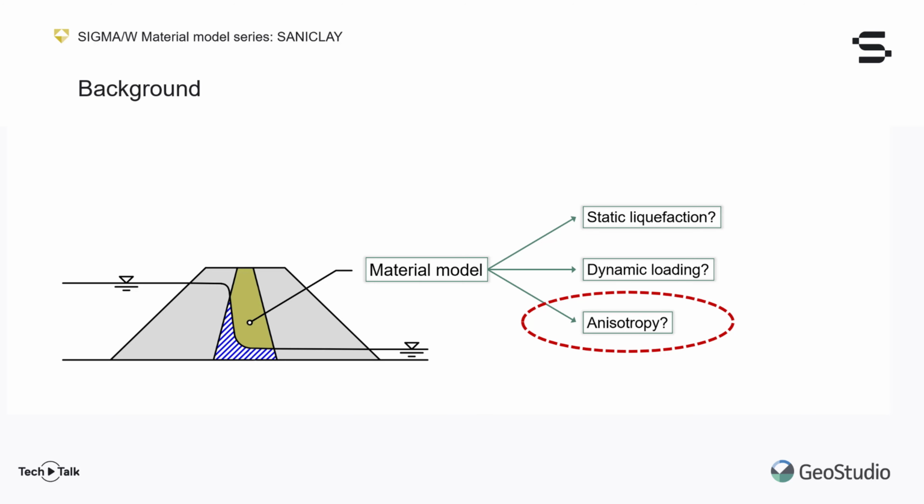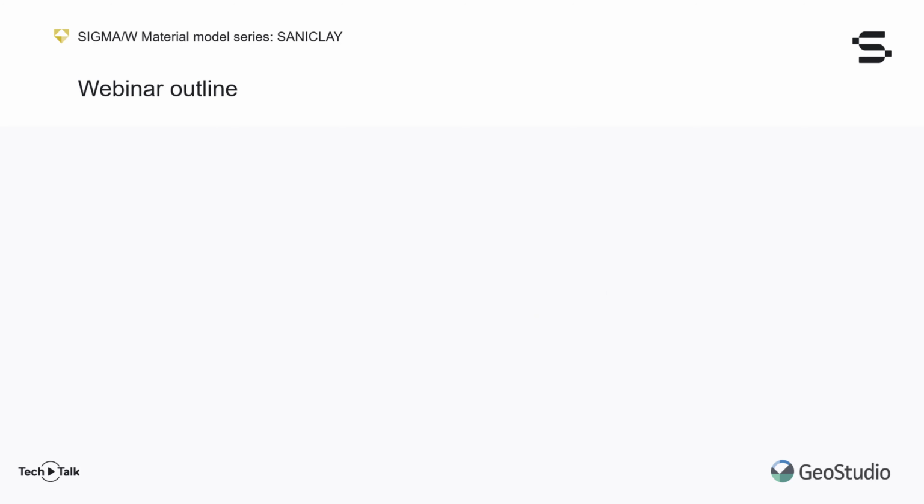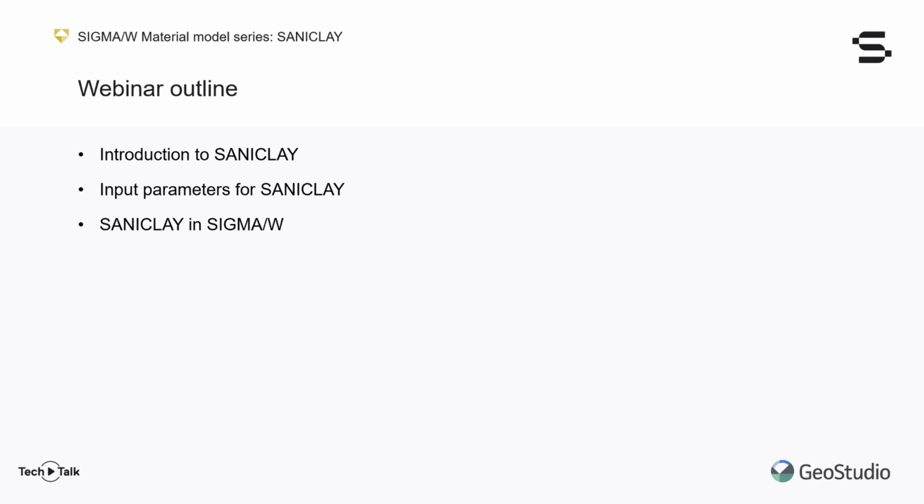The webinar will be divided into three parts. First, I will introduce SANICLAY's formulation and its most important features. Next, we will explore the soil model's input parameters. And finally, I will demonstrate how the model is used in Sigma W to simulate a series of anisotropic consolidated triaxial tests, and we will compare these simulation results with laboratory results.